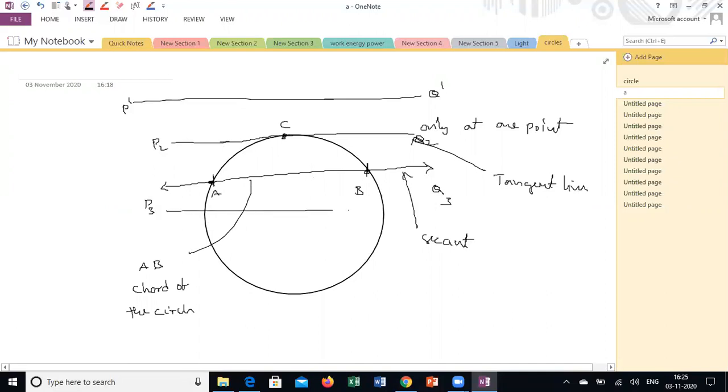And if you draw many parallel lines, and at a particular instant the secant is passing through the center, in that case that is called diameter. I can say diameter is the longest chord of the circle.